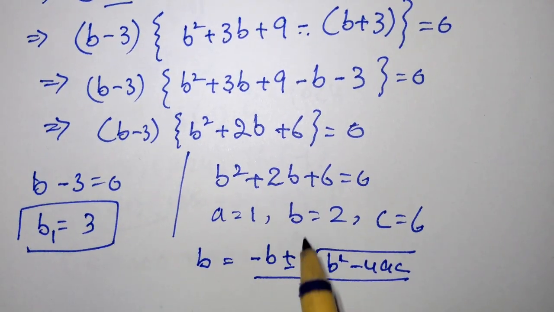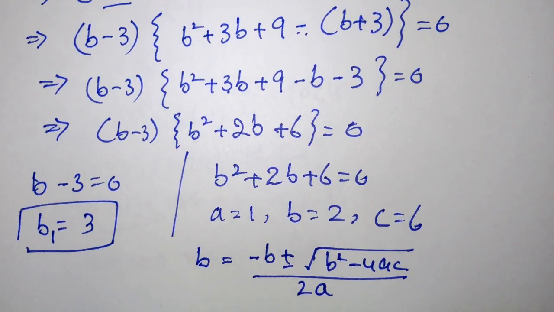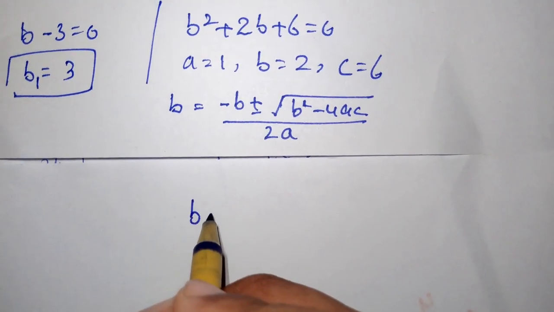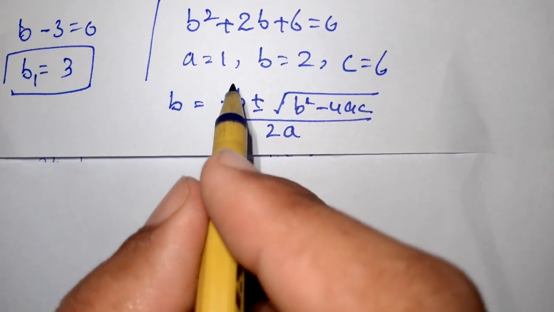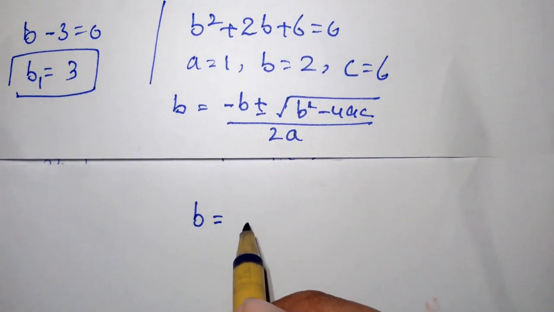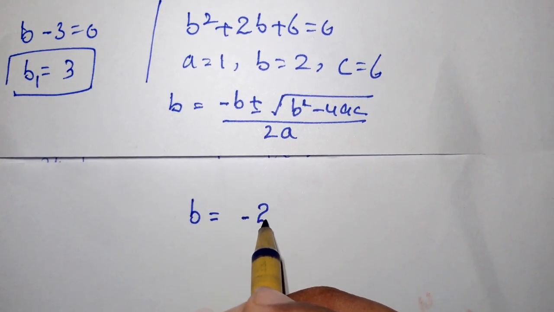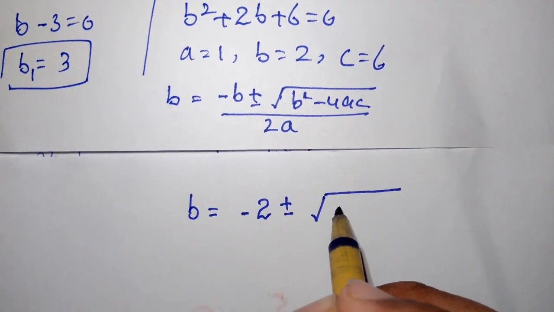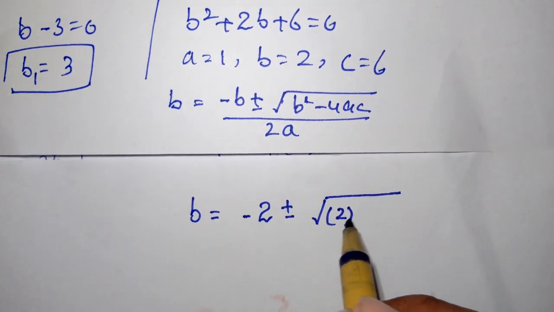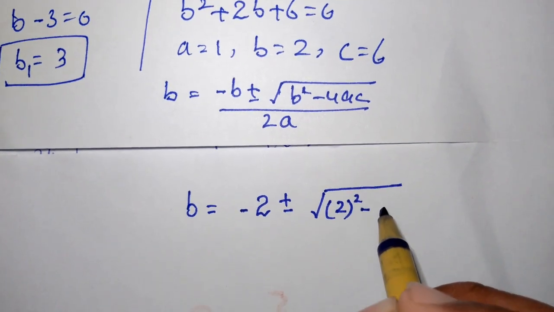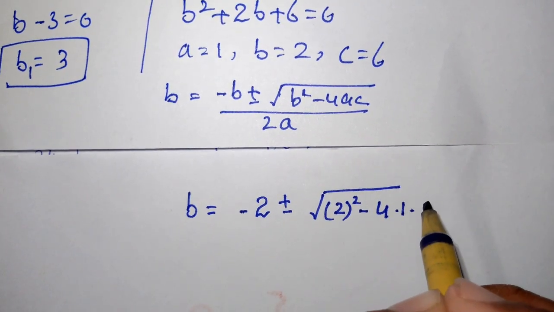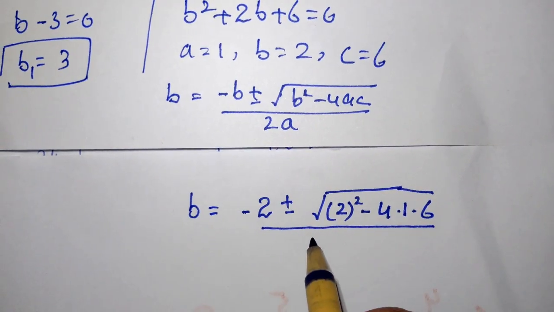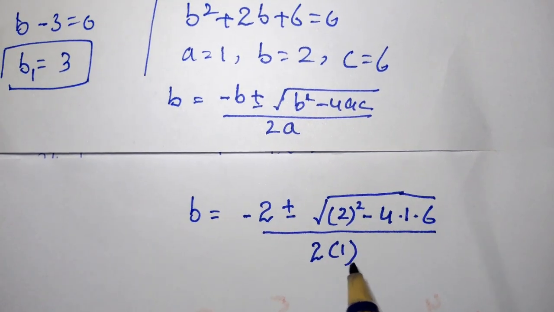Now we have to put these values in the quadratic equation. This will become b is equal to minus b, the value of b is 2, so minus 2 plus or minus square root of b square, that is 2 square, minus 4 times a is 1, c is 6, over 2 times 1.